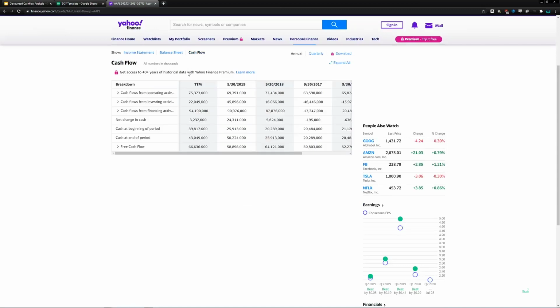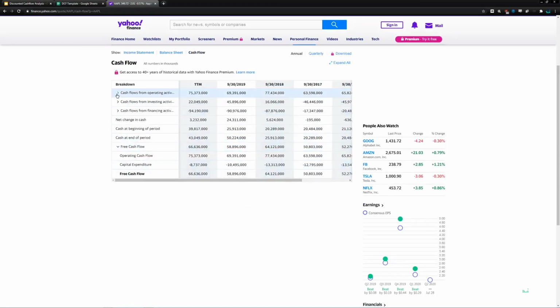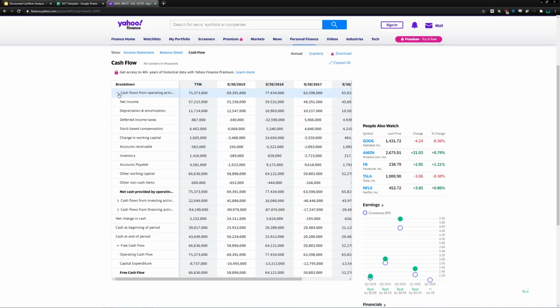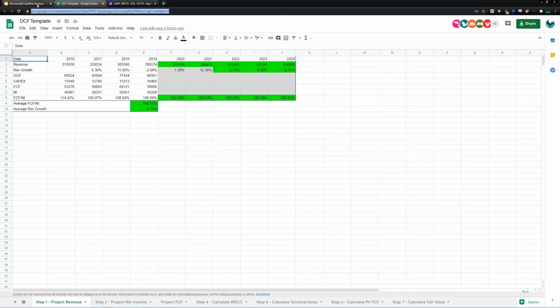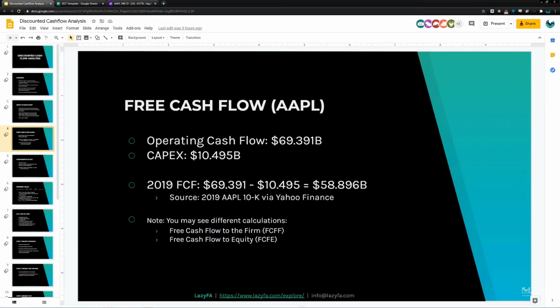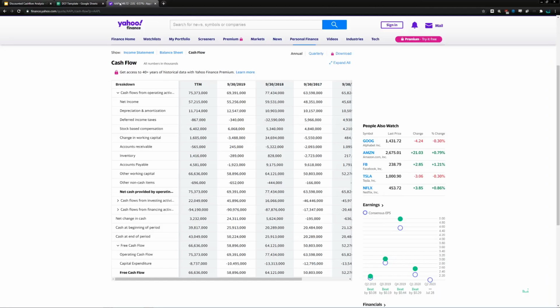And if we look at cash flow, free cash flow here at the bottom, you'll see cash flows from operating activities at the top. That's the first part of it. So operating cash flow of $69.391 billion, that is right here for 2019. And then capital expenditures here is $10.495 billion as of 2019.